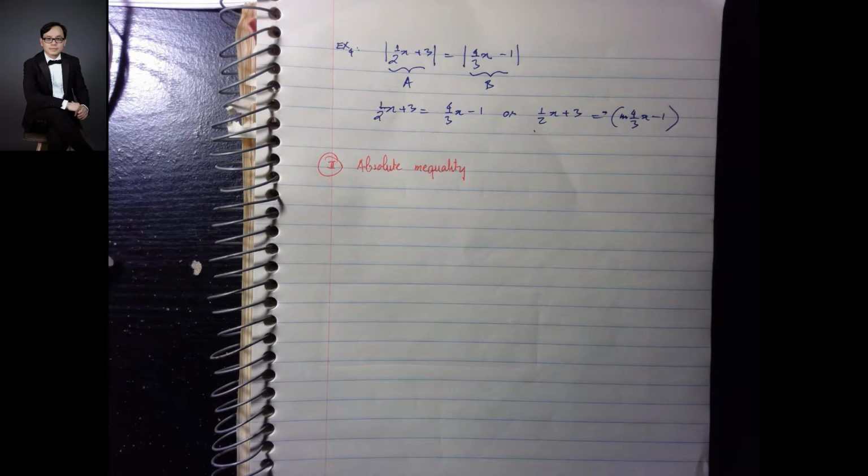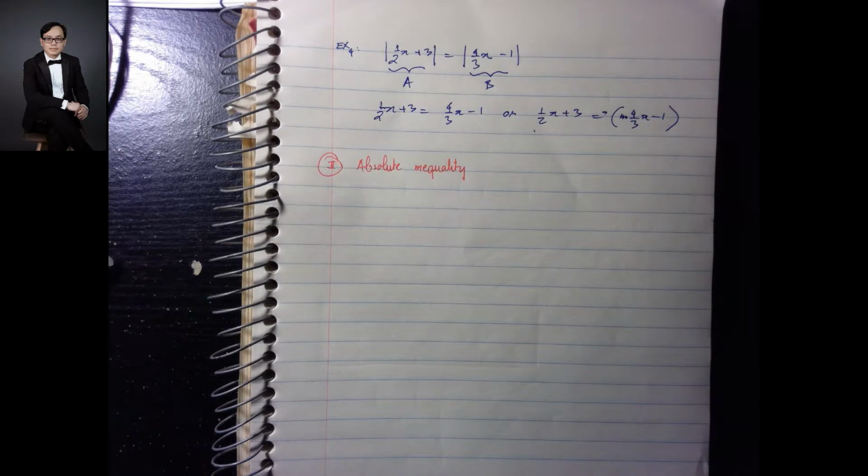solutions. However, in an absolute inequality, you have a bunch of values, which means when you plug in those numbers, they satisfy the absolute inequality.